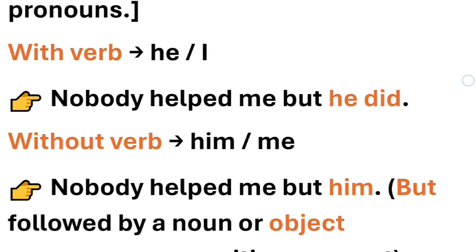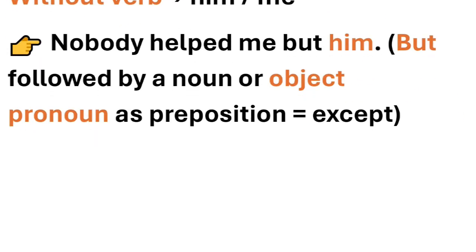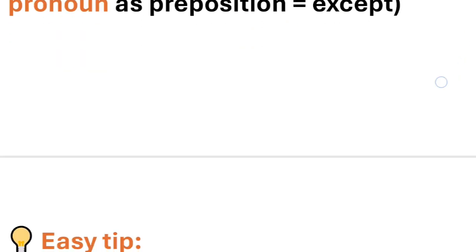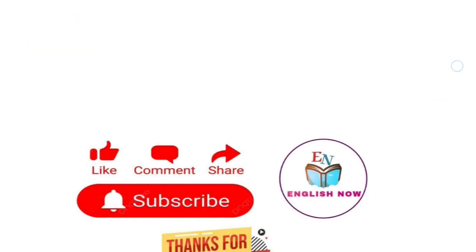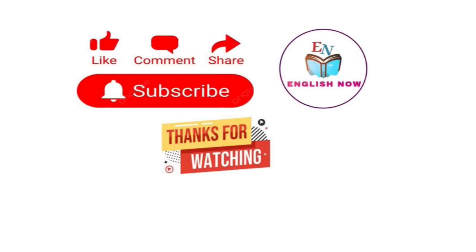For example, nobody helped me but him. After but, there is no verb given. That's why him was used. But followed by a noun or objective pronoun. So after but, we have to use objective pronoun. So accusative will be subject, subjective pronoun will be these, and objective will be those.